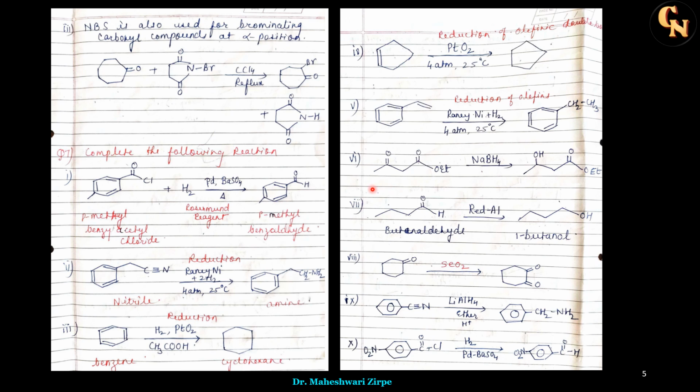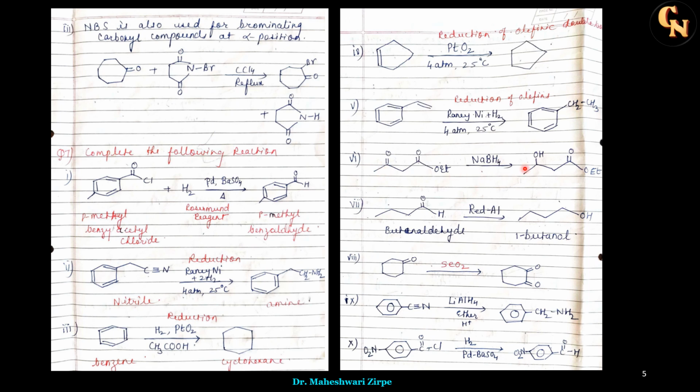Okay. Now the next one is a beta ketoester. Beta ketoester is reduced using sodium borohydride. Sodium borohydride is again a reducing agent. It is said to be a mild reducing agent, so it can only reduce keto groups.